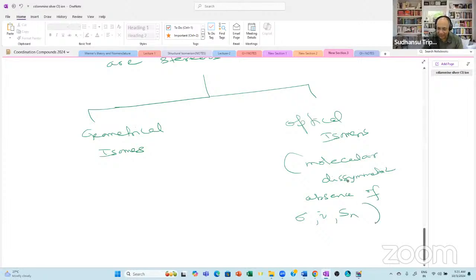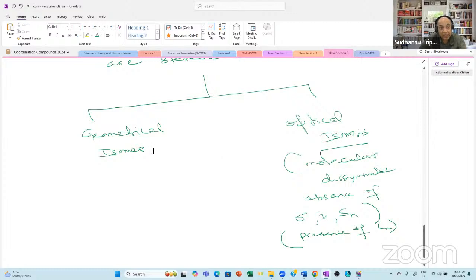But the presence of Cn, only n-fold axis of symmetry, will make the entity chiral. So if it is dissymmetric, it is chiral, and it has its mirror image form, which is non-superimposable with your original form. So if one is dextrorotatory or plus, rotating the plane polarized light to the right, the other one will rotate the plane polarized light to the left, L or minus.